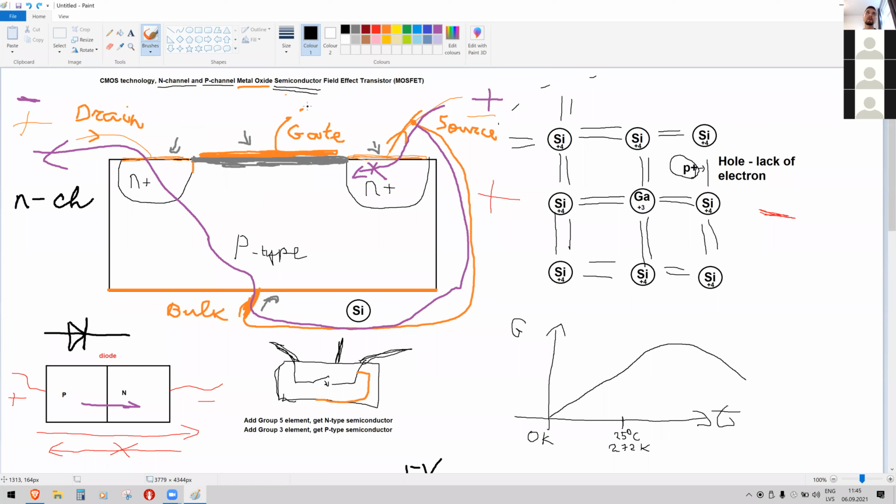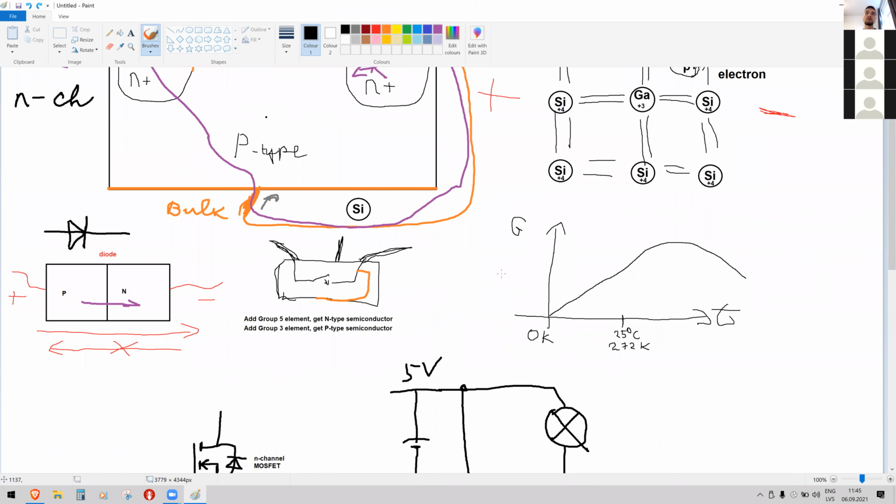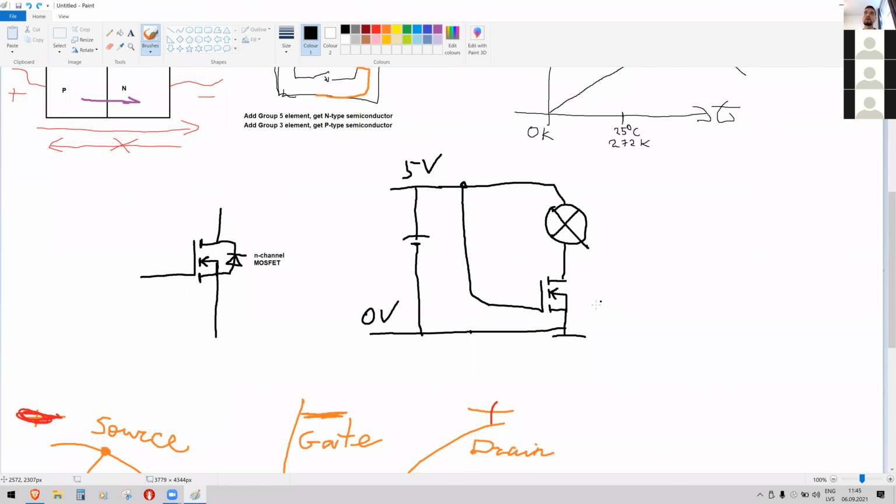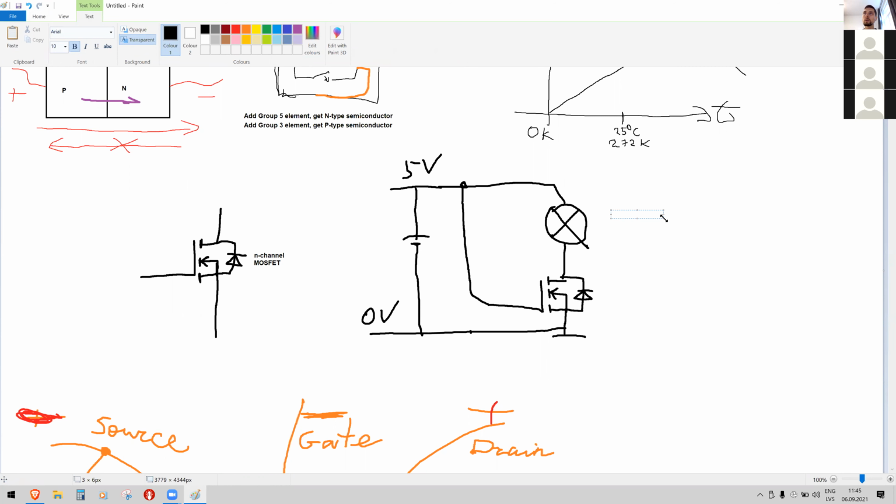Because here in the gate we had to put plus to attract minus. So the N-channel MOSFET is like this, and I'll draw this body diode just in case, because it's the right thing to do. So with an N-channel MOSFET, you set the gate high, it turns on, conducts electricity. You set the gate low, it switches off, doesn't conduct electricity. I'll write it with text here, actually.